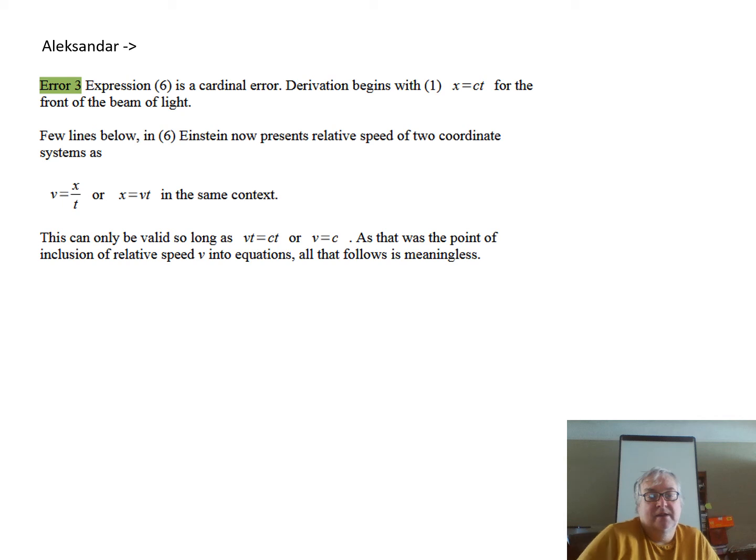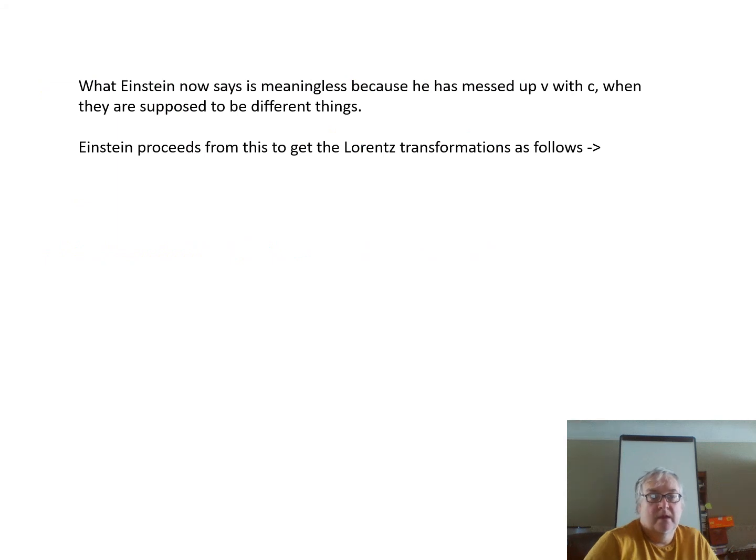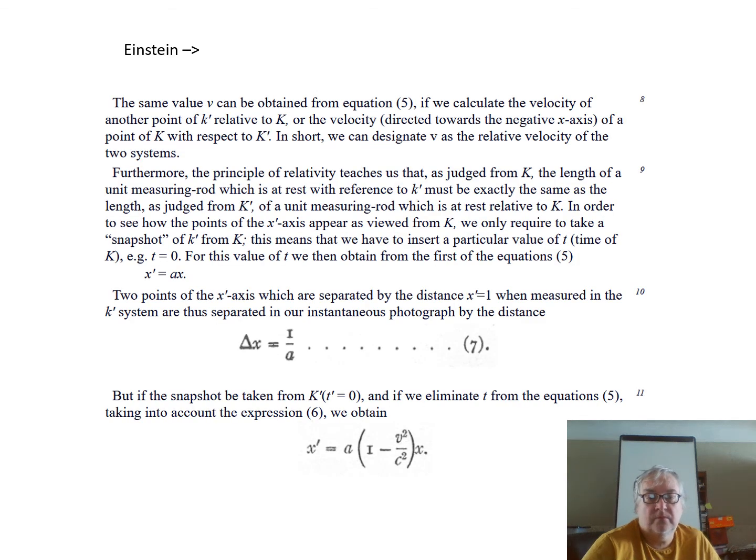What Einstein now says is meaningless because he's messed up v with c when they're supposed to be different things. Einstein proceeds from this to get the Lorentz transformations as follows. So this is what Einstein says, but it's starting from being meaningless.